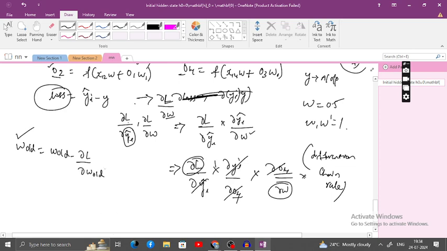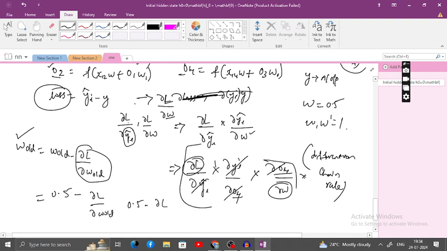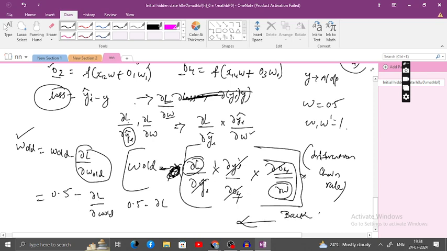So I deduct 0.5 minus dou L by dou W old, this whole term, this chain reaction. Are you getting it? This happens only during back propagation.